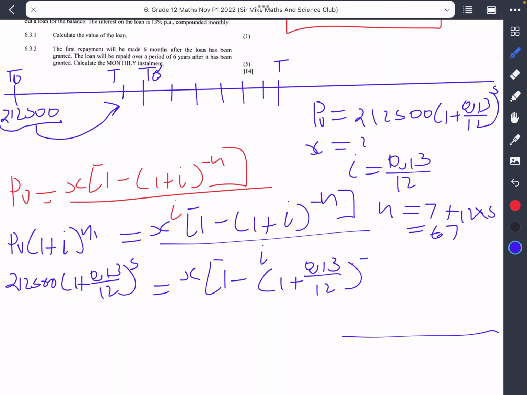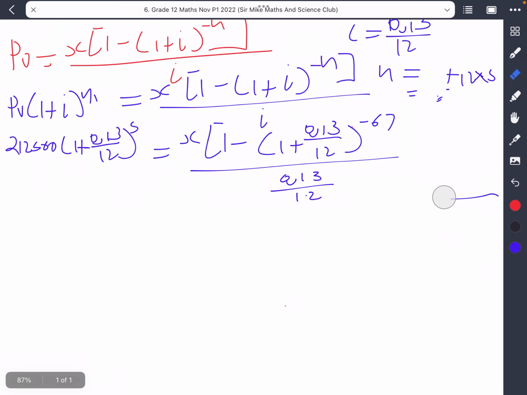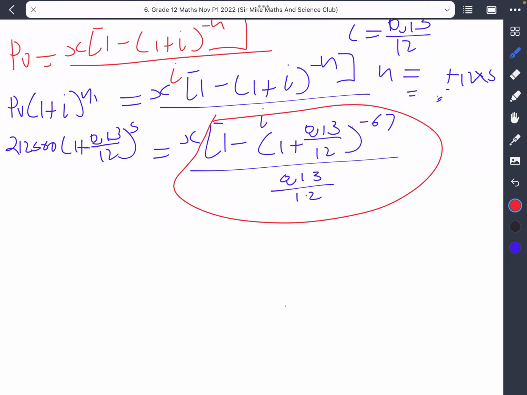Remember, in the first year, Dino made 7 payments, but in the remaining 5 years, Dino would make 12 payments per year. So n would be equal to 7 plus 12 multiplied by 5. 12 multiplied by 5 is 60, plus 7, so the number of payments would be 67.